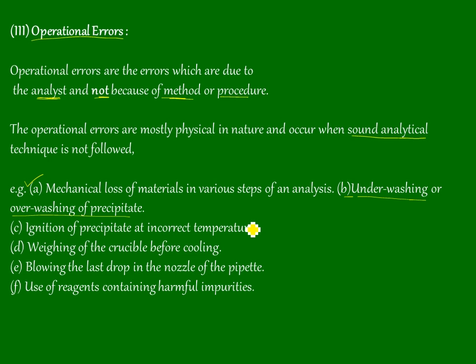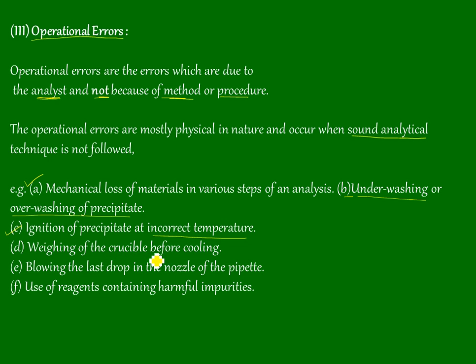He has to perform the washing procedure exactly as the method he is following says, so that proper washing will be given to the precipitate and neither under- nor overwashing is allowed. Then ignition of precipitate at incorrect temperature. Sometimes analysts, because of ignorance, can ignite the precipitate at an incorrect temperature, which can also result in error.